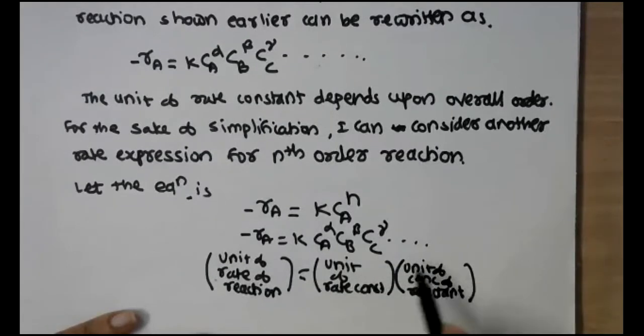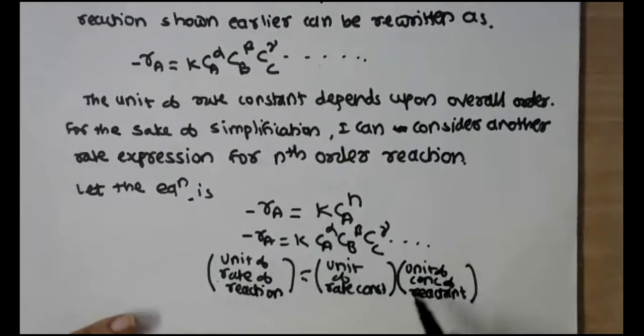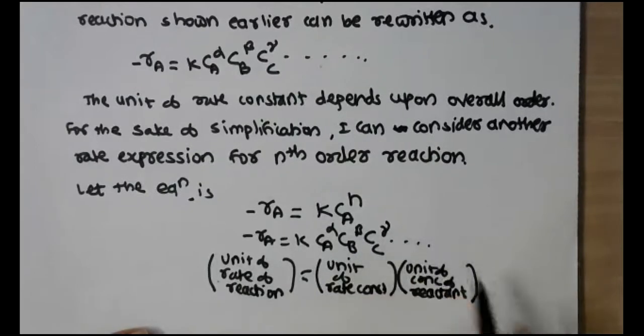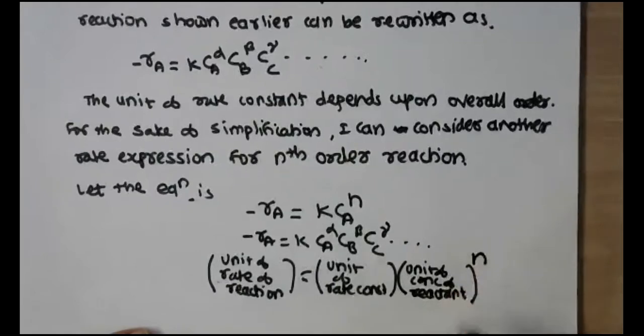But since there is a common base, that unit of concentration of reactant is common, only the power is differing, alpha, beta, gamma. So if we use the concept of the common base and different indices, then we can add them, and that will be alpha plus beta plus gamma. So instead of that, I am writing it as n.